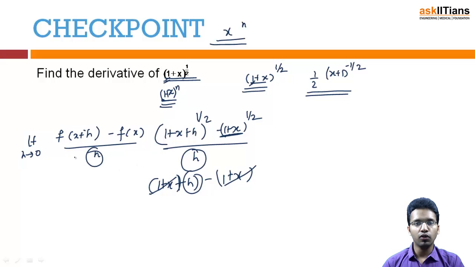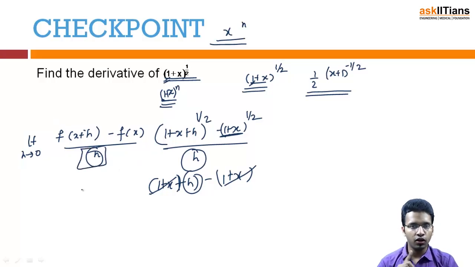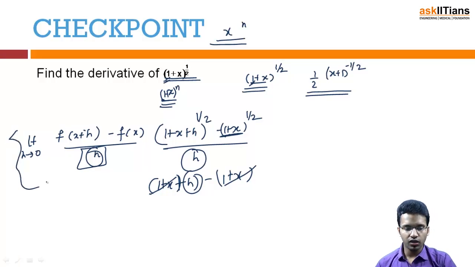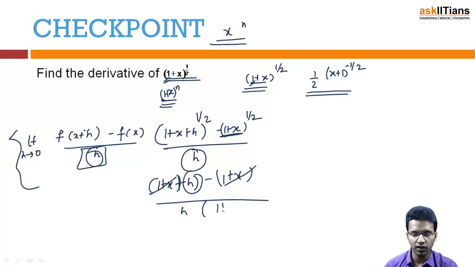That is our aim, that we need to remove this thing. You must all have studied this in limits. We will also discuss L'Hospital's rule, which you must have done, in the miscellaneous part, on how to find the derivative or limits using that rule. The same thing goes here, and you will be left with (1 + x + h) raised to power half plus (1 + x) raised to power half.